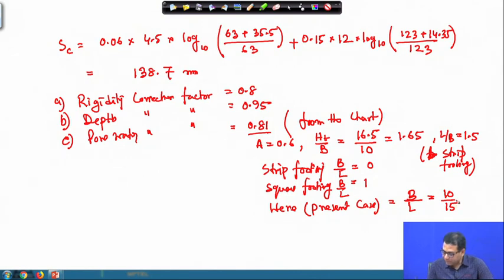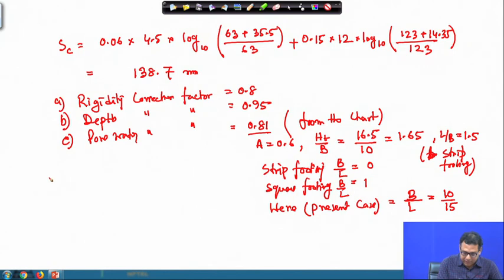So, what you can get, corresponding to this value, you take the strip footing and the square footing, then linearly interpolate this value in between them. So, that way also you can calculate, but here I am directly using the strip footing value calculation, because that will give you more or less the close value.